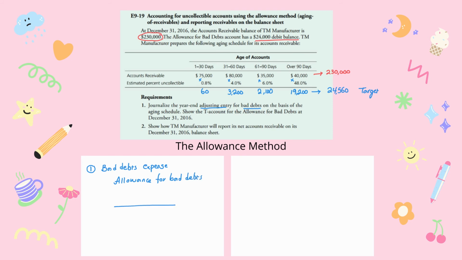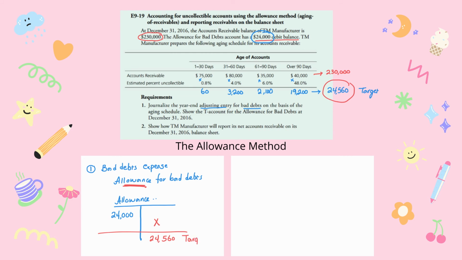Now, since I'm working on accounts receivable, I need to draw a T account for the allowance for bad debts. As he said here, we have a 24,000 debit balance, so this is my unadjusted balance, it's debit. Allowance and the adjusting entry is on the credit side, so this is X. The target is also credited, it's 24,560. This is the target.